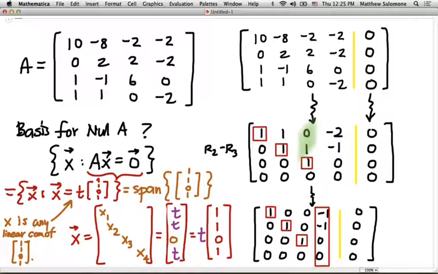So what is the basis for the null space of A? 1, 1, 0, 1. The set consisting of the vector 1, 1, 0, 1. Because any solution of the homogeneous equation, Ax equals 0, can be written as a linear combination, i.e. a multiple, because there's only one vector here, of the vector 1, 1, 0, 1.